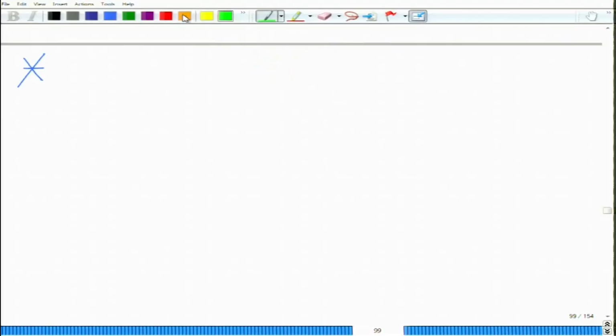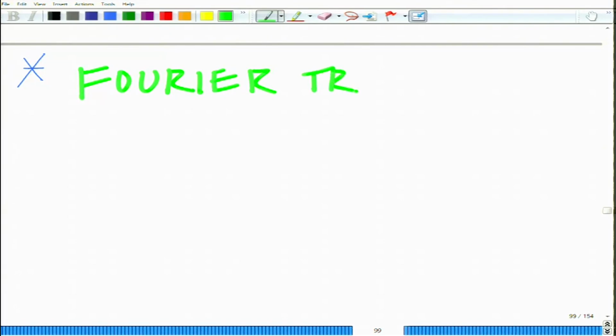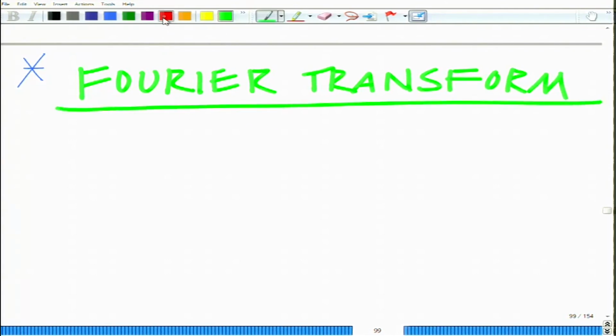Okay. So, let us start by looking at the Fourier transform, and we are looking at example problems.